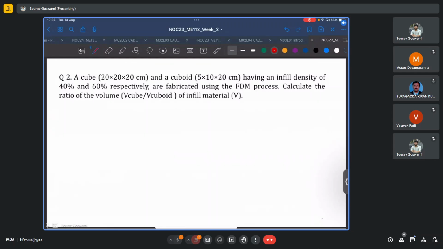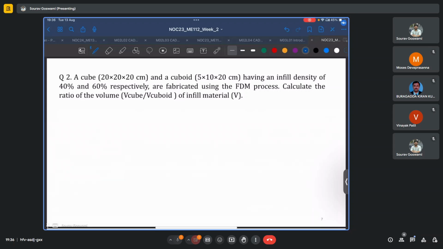A cube of dimensions 20 cross 20 cross 20 centimeter cube and a cuboid of dimensions 5 cross 10 cross 20 centimeter cube have infill densities of 40% and 60% respectively and are fabricated using the FDM process or the fused deposition modeling process. We have to calculate the ratio of the volume of the infill material.